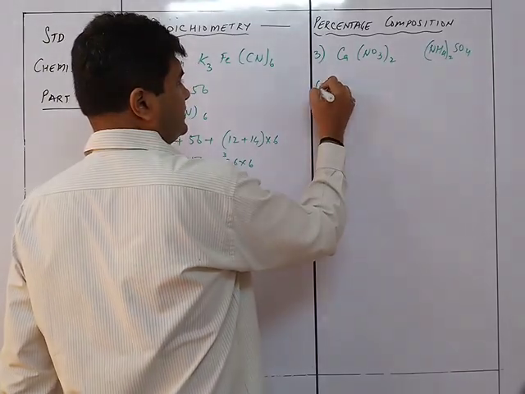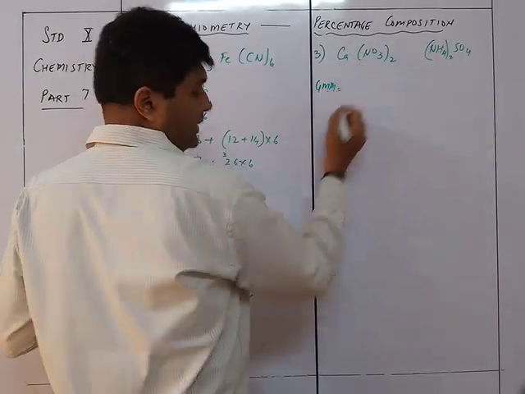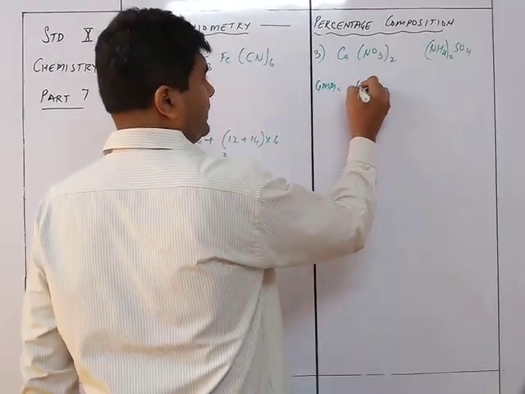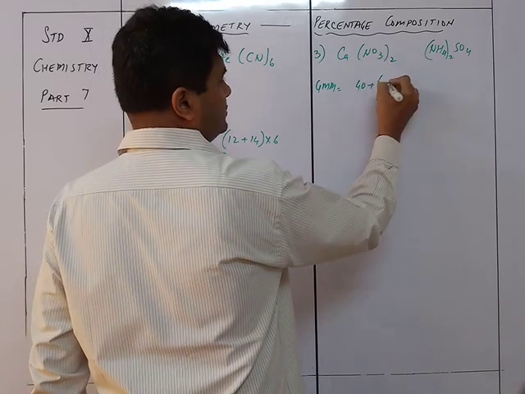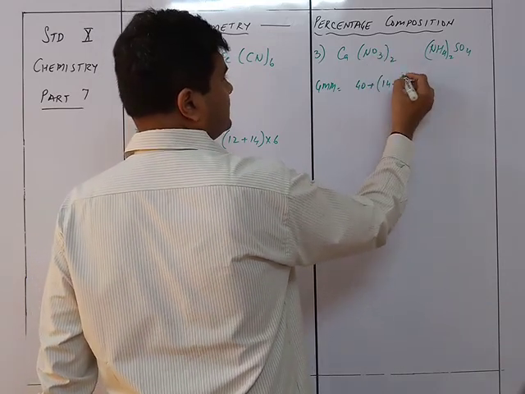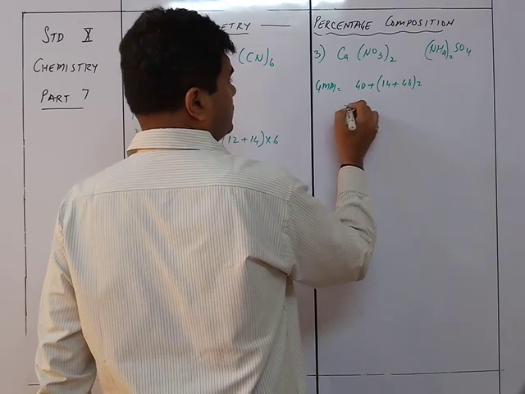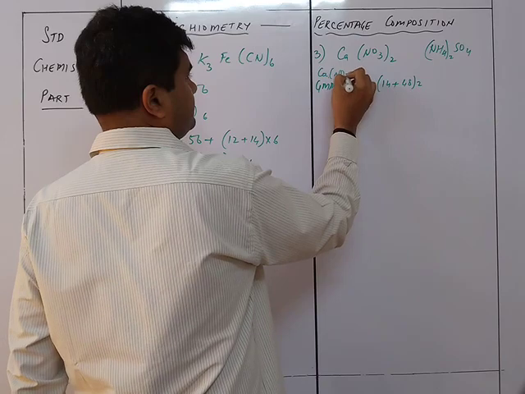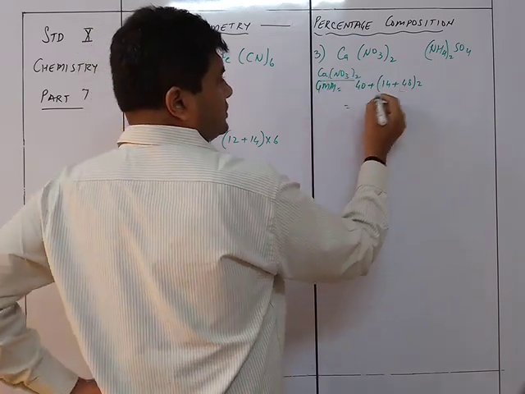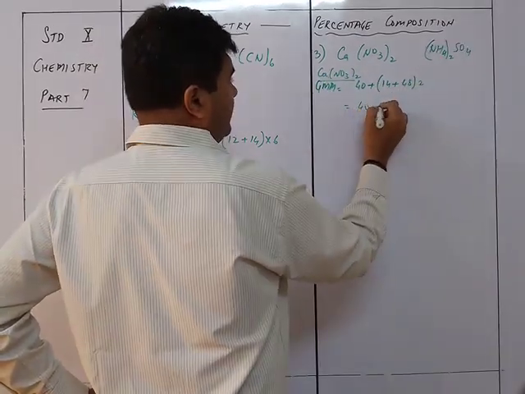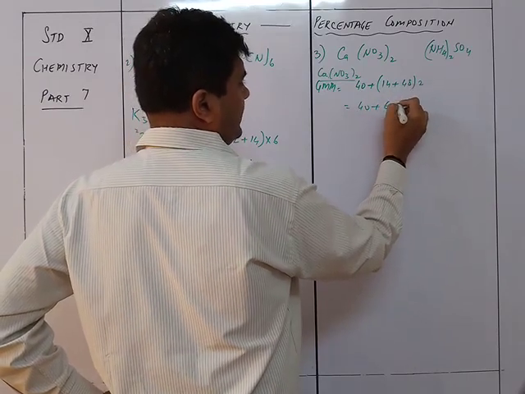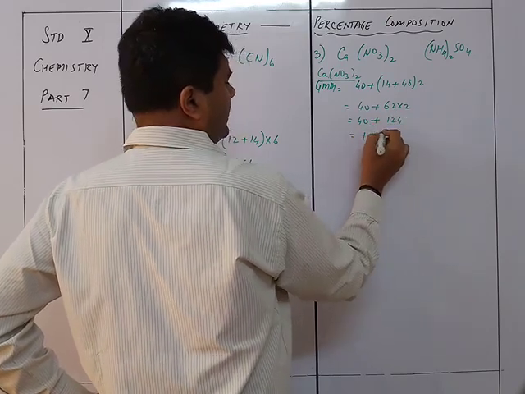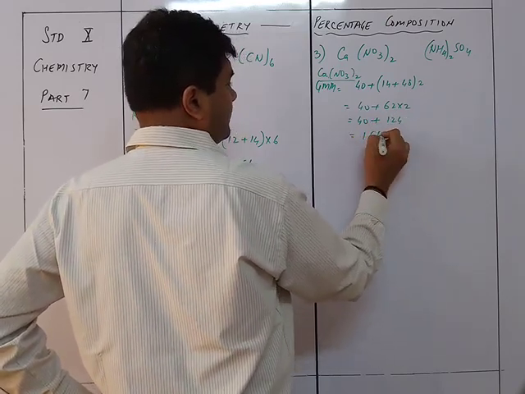So here first of all GMM. Here calcium is given as 40. So it is 40 plus nitrogen is 14 plus 16 into 3, 48, into 2. So that will be 40 plus 62 into 2, equal to 40 plus 124, that is 164.